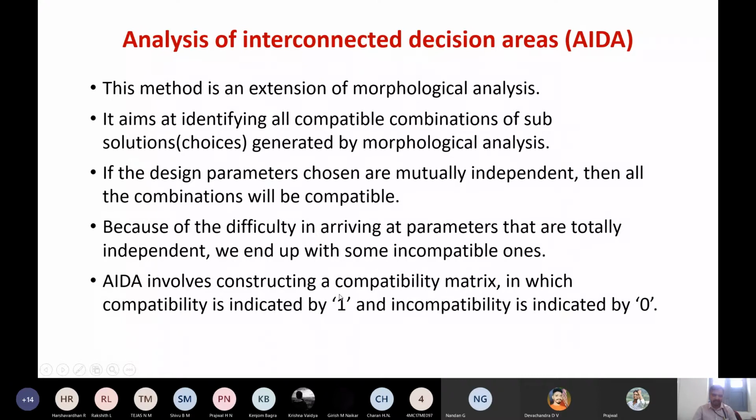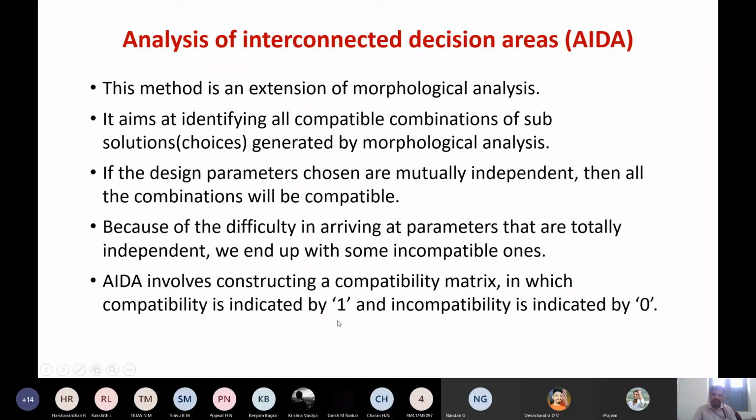AIDA involves constructing a compatibility matrix in which compatibility, that means feasibility, is indicated by 1 and incompatibility, that is non-feasibility, is indicated by 0. So here also you make use of the morphological table.